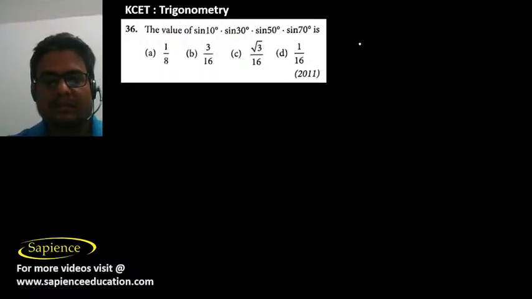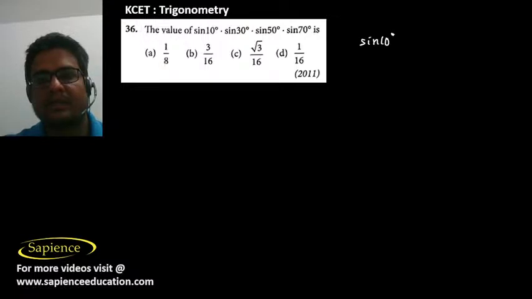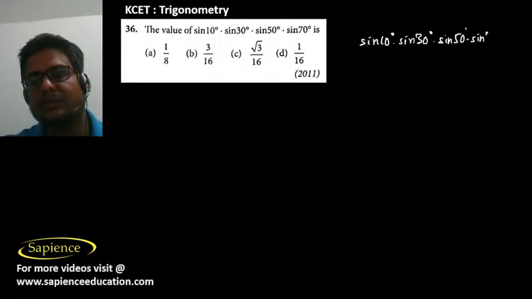Then here we have been asked to find the value of sine 10 degree into sine 30 degree into sine 50 degree into sine 70 degree.